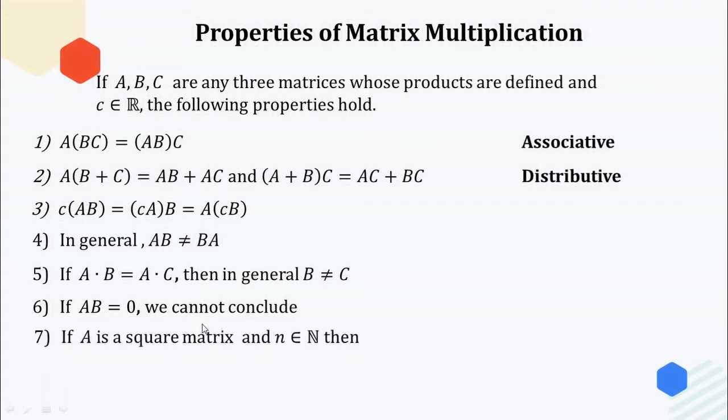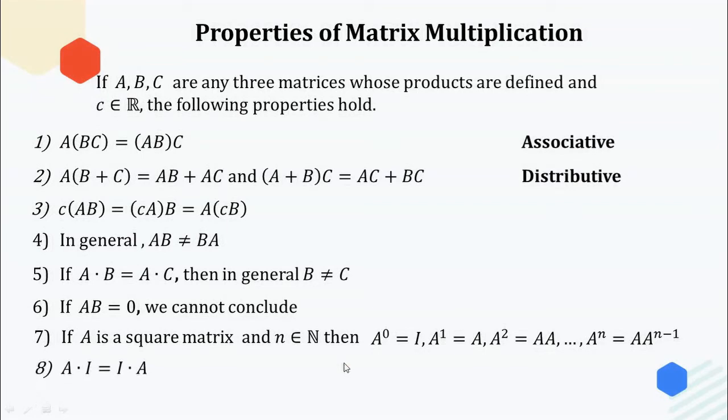If A is a square matrix and n is a natural number, then A to the power 0 is equal to the identity, A to the power 1 is equal to itself, A to the power 2 is equal to A times A, until A to the power n, which means A times A to the power n minus 1.